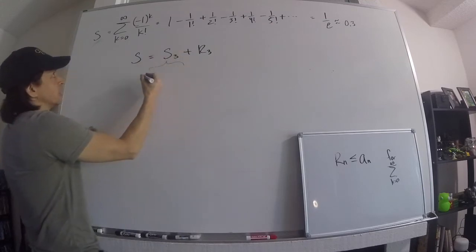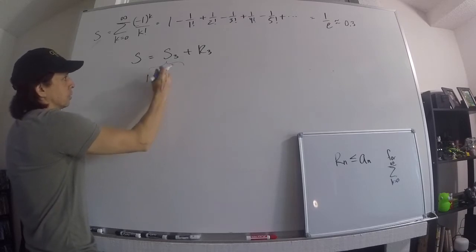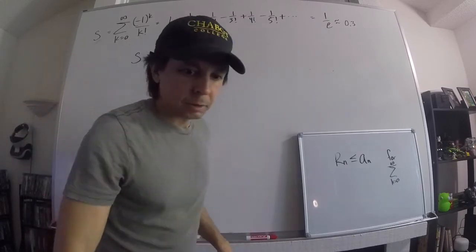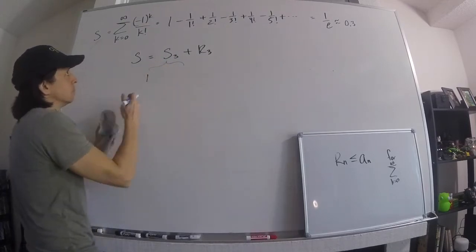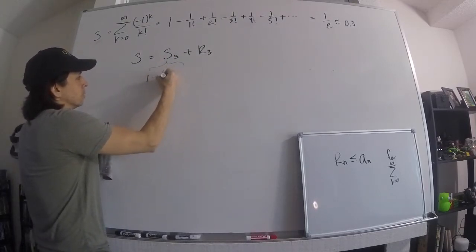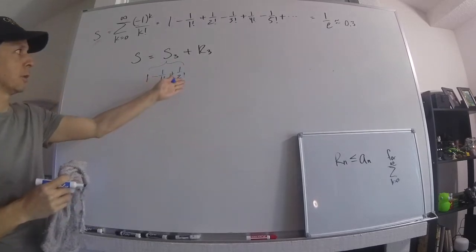This S3 is 1 minus 1 over 1 factorial plus 1 over 2 factorial. Those 3 terms added together are your S3.